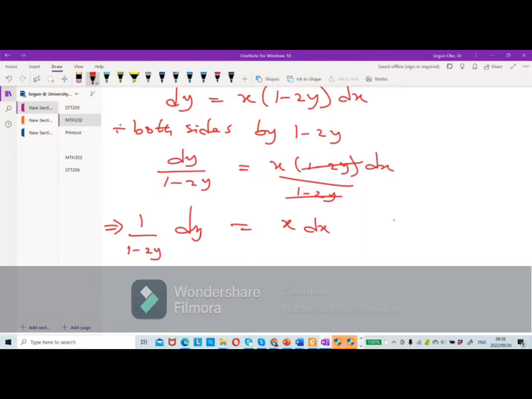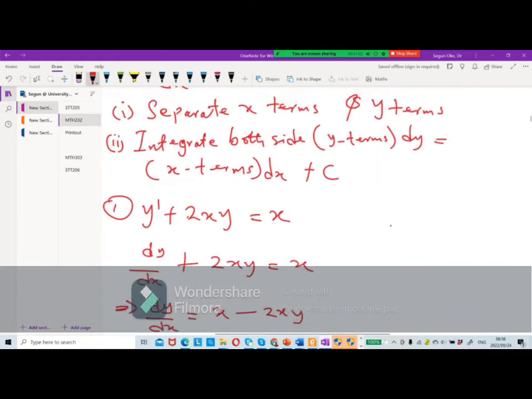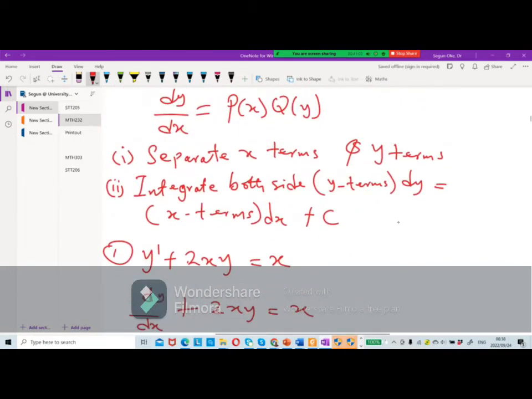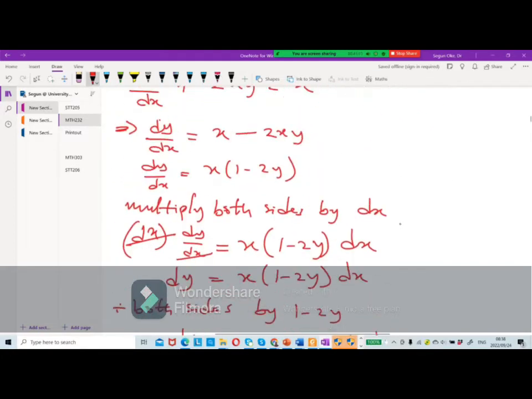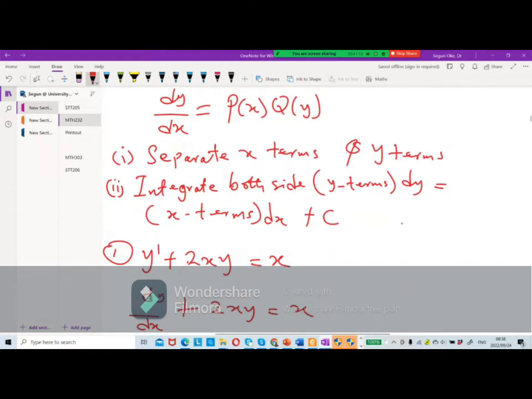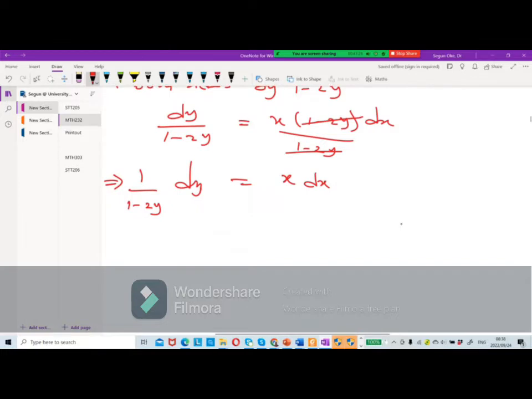So now, the second step says, you remember all the steps I have mentioned here. The first step, separate x term and y term. We've done that. The next thing is to do what? To integrate both sides with respect to the y term and the x term plus c. So we are going to do that now. Integrate both sides.